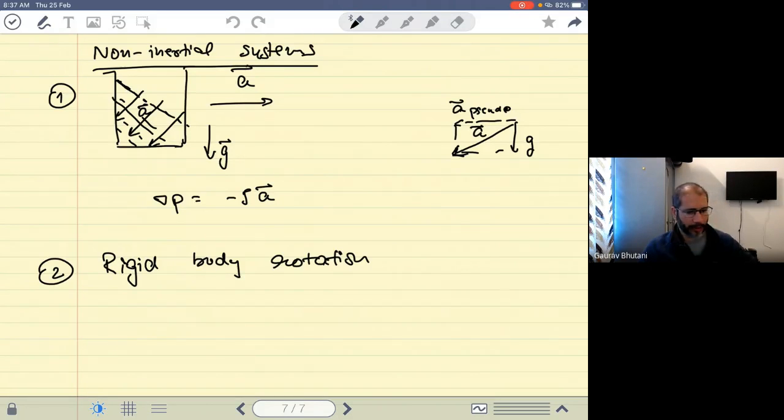So in that case, again, we do the same kind of analysis. We consider the inertial frame, and then we have to apply a pseudo force.